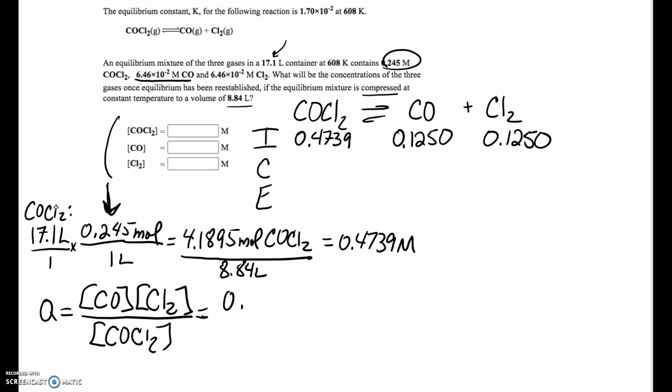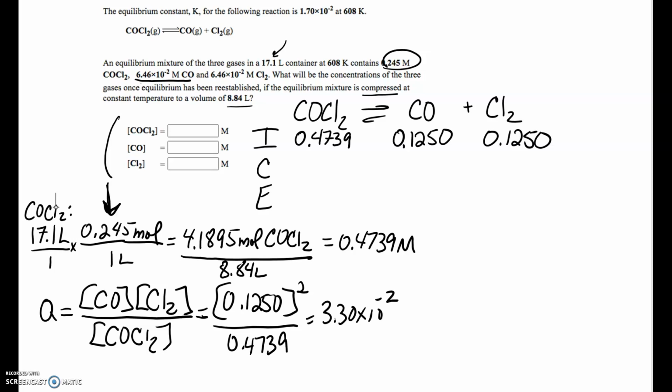So this is 0.1250 squared. I'm just going to square it since it's both the same. And we get 3.30 times 10 to the minus 2.